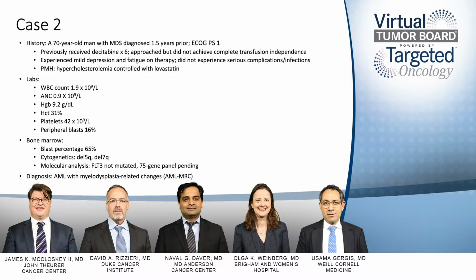Cytogenetics were returned indicating a del5Q and a del7Q, and molecular analysis indicated that FLT3 was not mutated and a 75 gene panel was still pending at the time of evaluation. A diagnosis was made of AML with myelodysplastic-related changes, or AML-MRC.